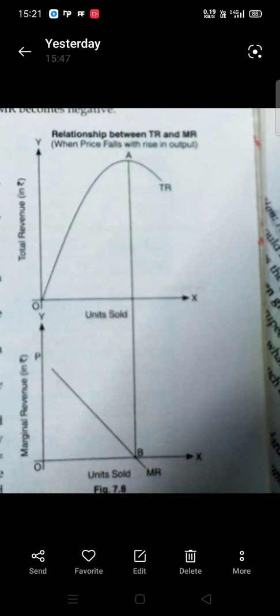TR curve rises as long as MR curve is positive. TR curve बढ़ते रहेगा जब तक कि MR curve positive है, and it reaches the highest point, that is point A. You can see in this figure, it reaches its highest point when MR is 0.